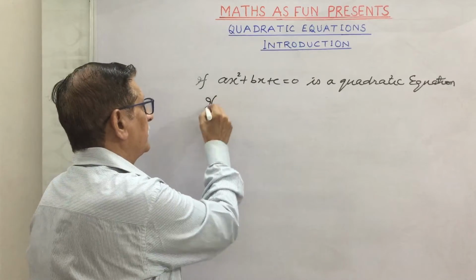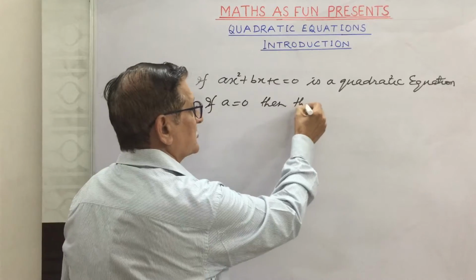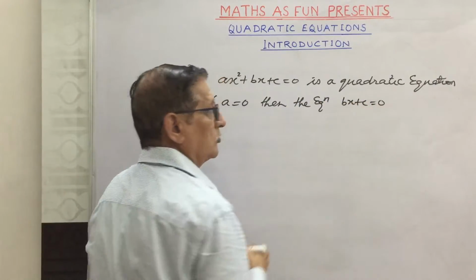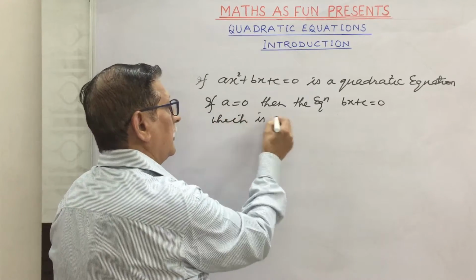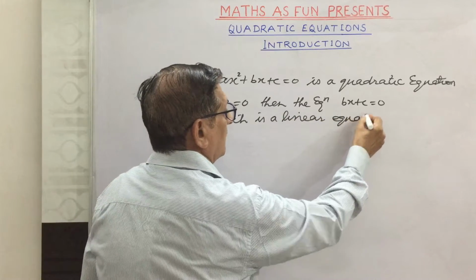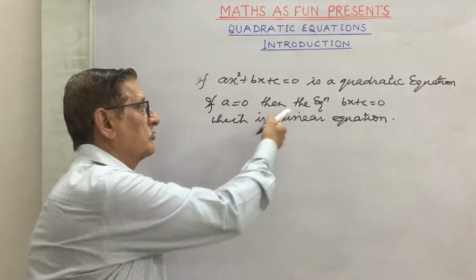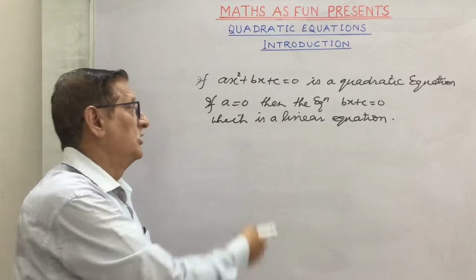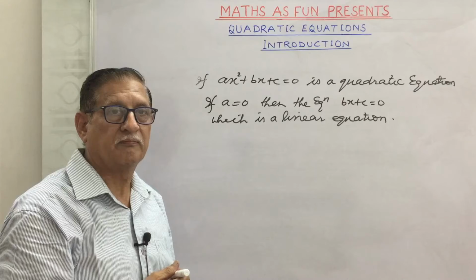Now if we find a is equal to 0, then the equation will become bx + c = 0, which is a linear equation. So it has nothing to do with the quadratic equation then. And that's the reason I have already told you that a cannot be equal to 0 for a quadratic equation.